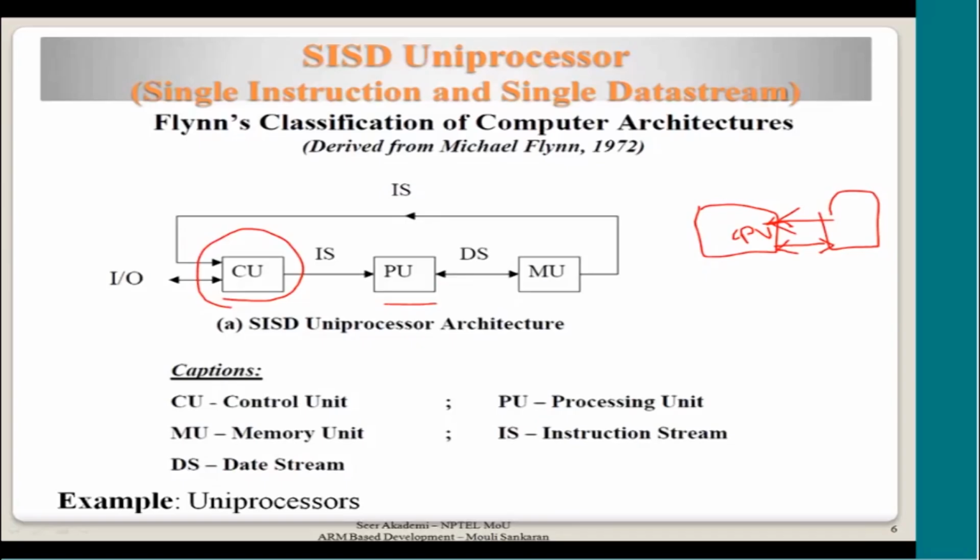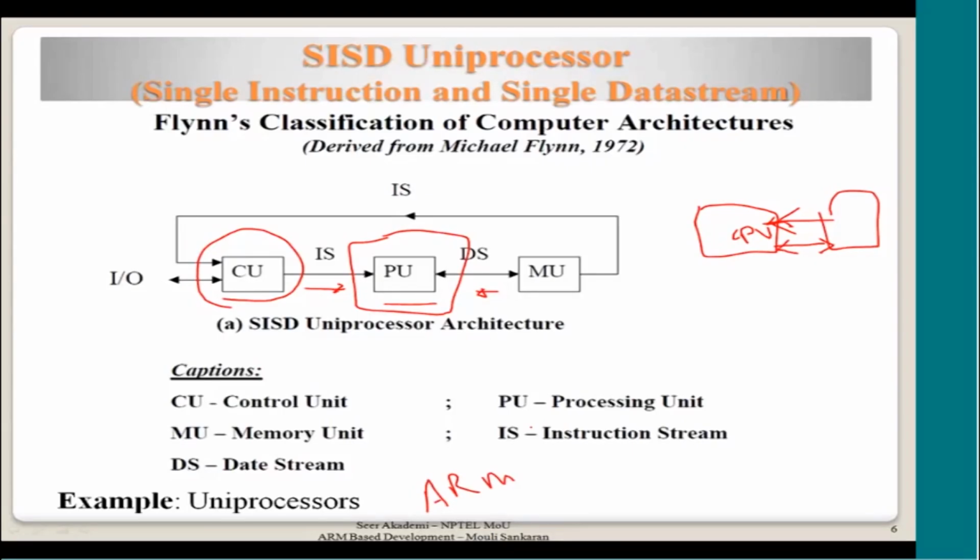So a single processor gets one instruction stream and one data stream and operates on them. This is what is called a single instruction and single data stream processor. Any uniprocessor, including our ARM processor, falls under this category.